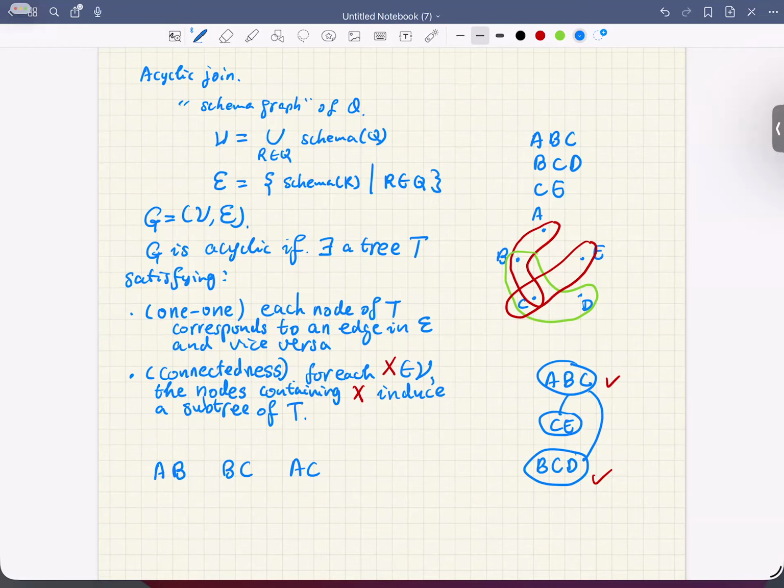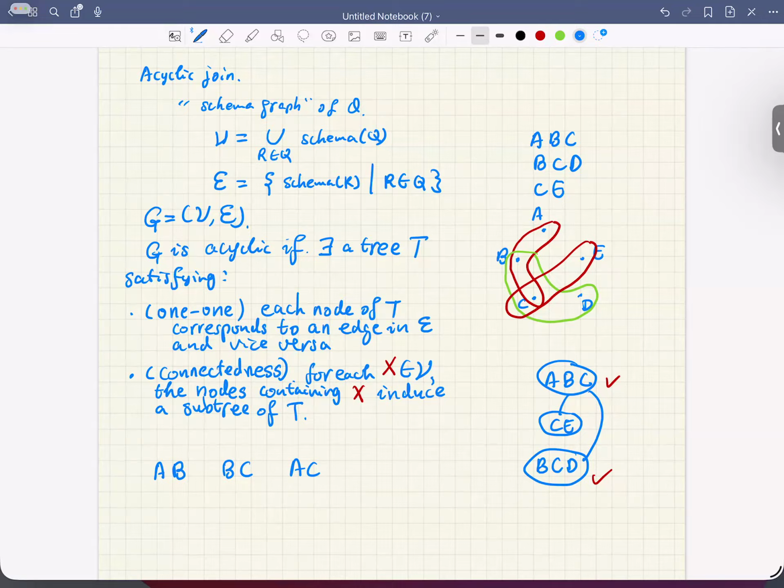You have a join with a schema graph. If the schema graph is an acyclic graph, this is an acyclic join. Otherwise, this is a cyclic join. See what I mean?